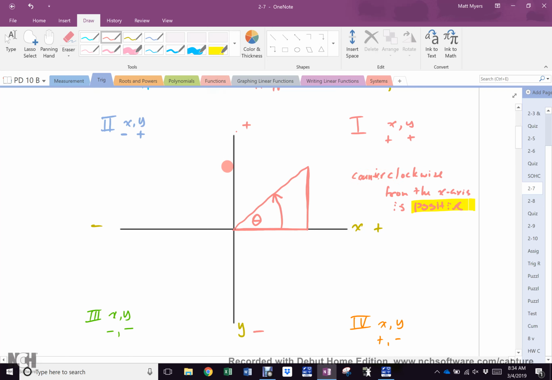In directions, we count clockwise. In math, we count counterclockwise or anti-clockwise. I screwed up because I was doing the joke. It's Monday morning. Leave me alone. Counterclockwise is positive, which of course means clockwise is negative. Everybody cool?